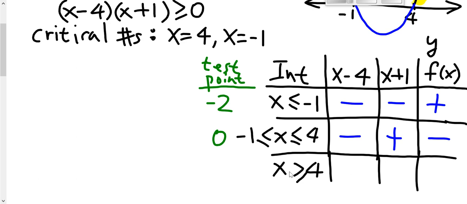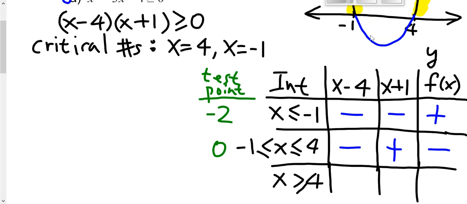Alright, now here, in this region, pick something greater than 4. Okay, 4.1 would work, but pick something nice to make life easy for yourself. So I will pick 5, let's say. So plug in 5 for x, because 5 is greater than or equal to 4. So that satisfies the condition.